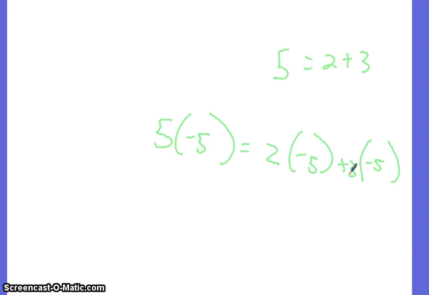Would I still get the same result? Okay, so I get negative 25 equals negative 10 plus negative 15. Does that still work?